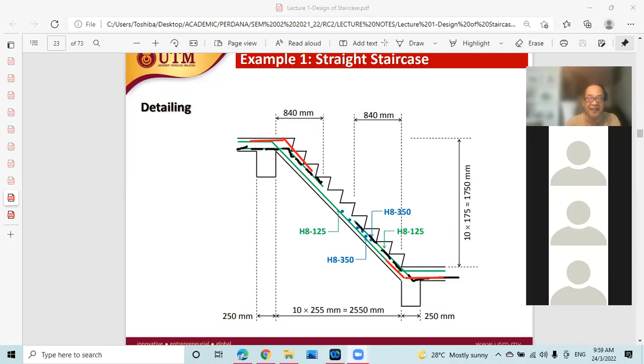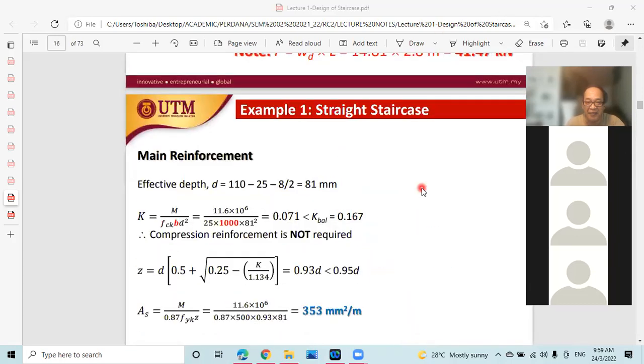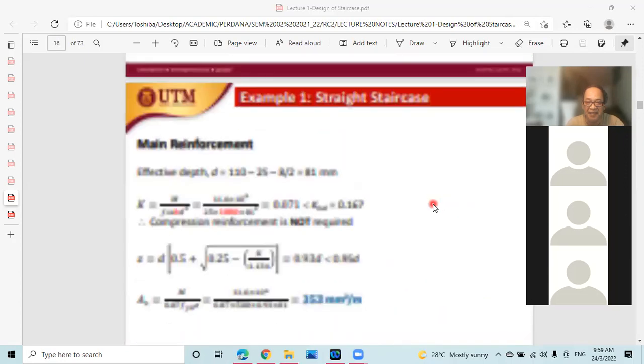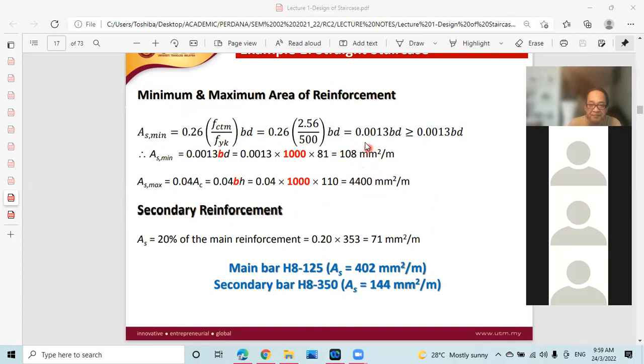Okay. We have not looked at the detail yet. Just to share, at this stage we already have the reinforcement. Once we have this reinforcement, then we look at roughly how it is going to be detailed out. The secondary bar here is shown as H8350. This is obtained based on AS minimum.